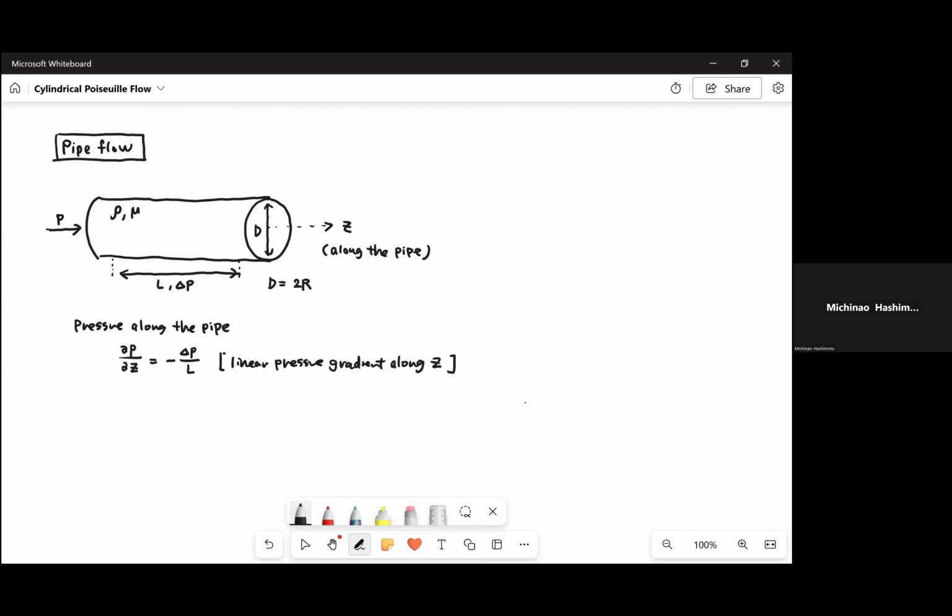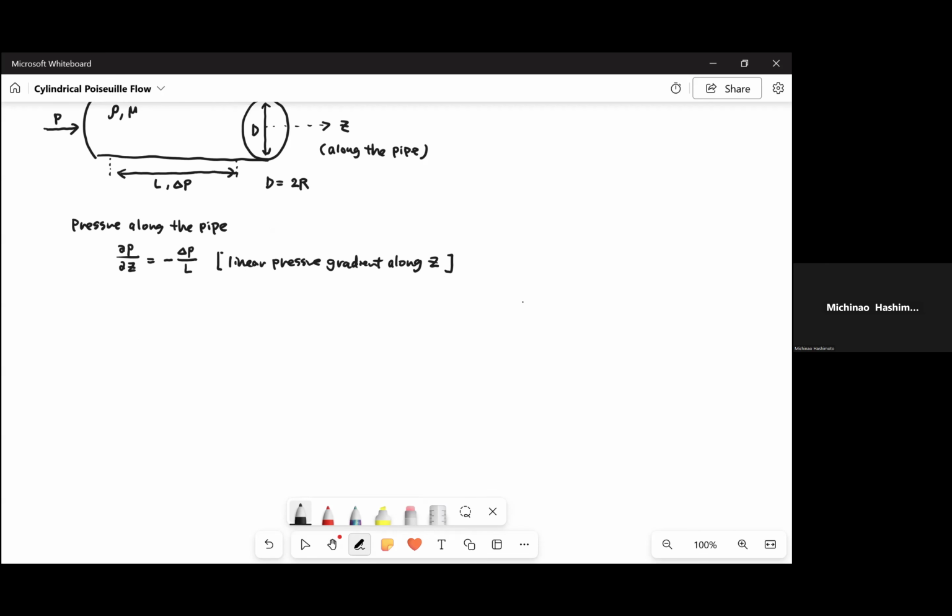This assumption is really reasonable because the pipe doesn't have different geometries at different locations. So with this, let's analyze this particular flow by using the Navier-Stokes equation.